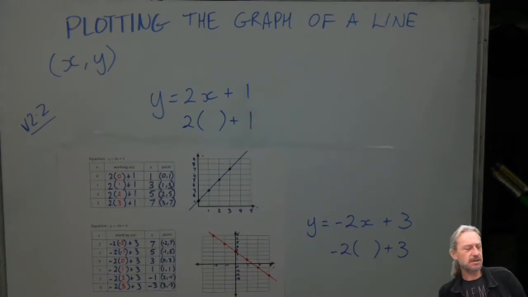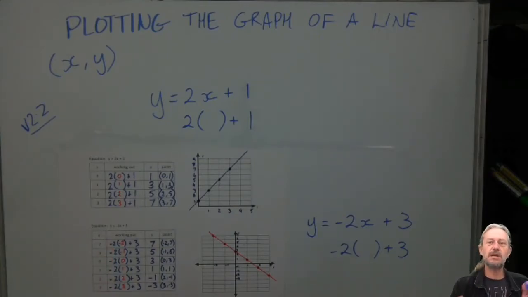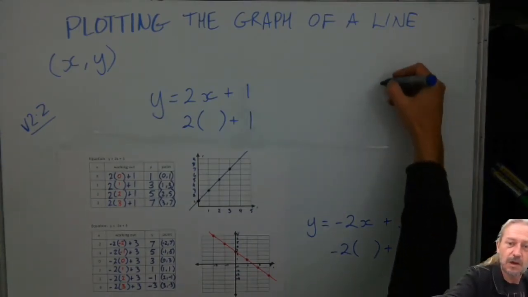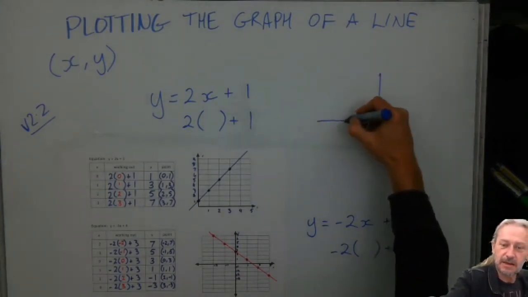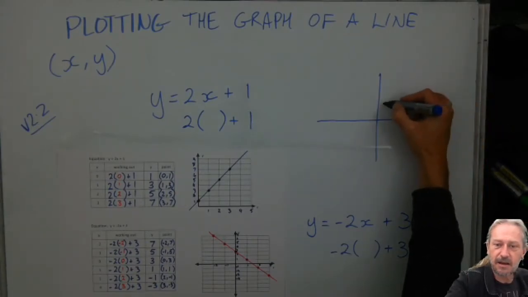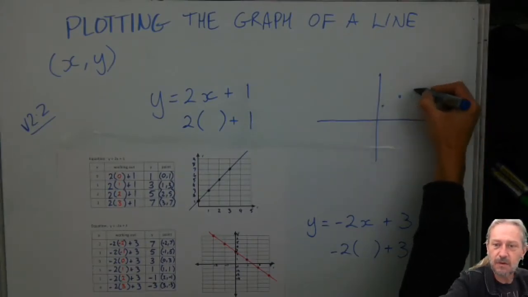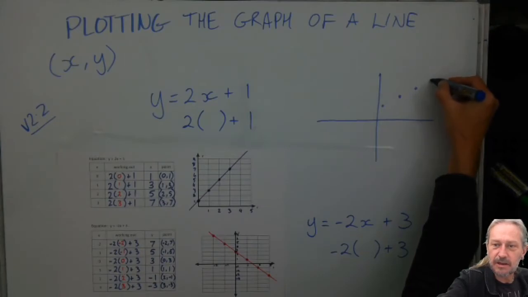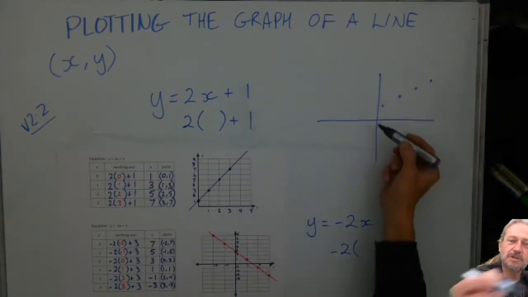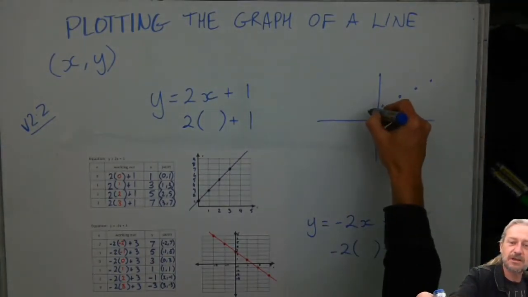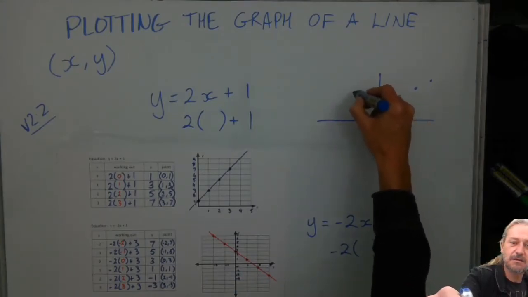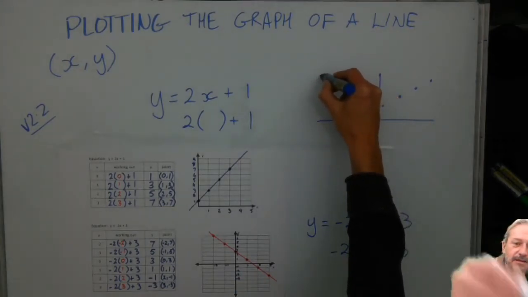Right, so something to look out for when you're substituting in these values. If you mix up a positive times a negative and you accidentally think of the answer as positive, what you will get is, let's say we plot our points like that. When you come to the negative side, you will suddenly start getting something that looks like that.